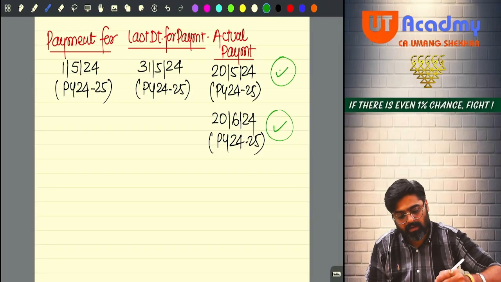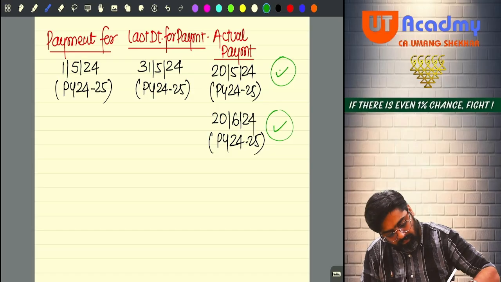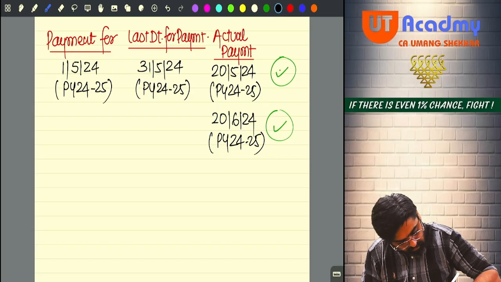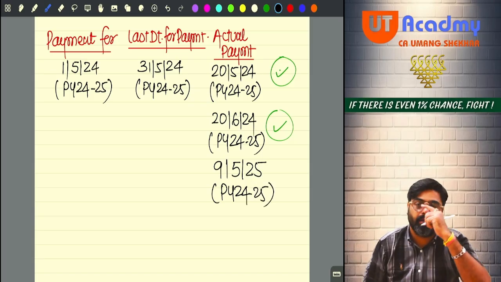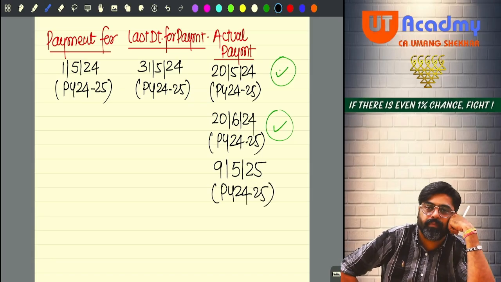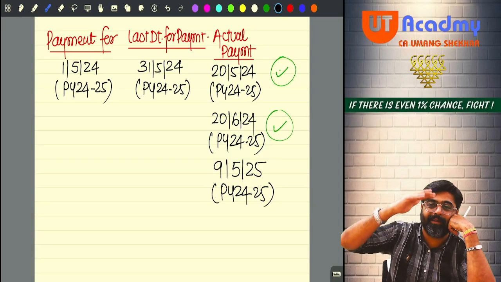Now tell me, if the payment is done on 9th of May 2025, meaning next year after previous year 24-25, possible or not? 9th May 25.